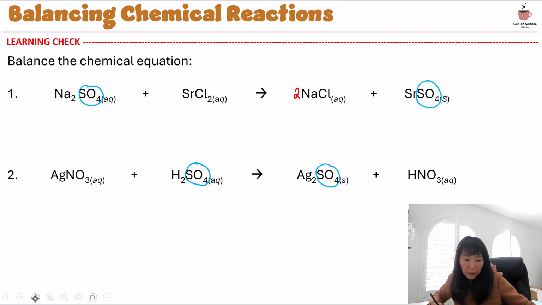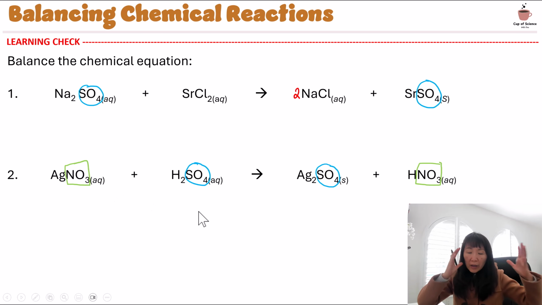Well, I'm going to box it, and nitrate is over here in green, and then I have another nitrate over here in green. Okay. So if you were to just look at the polyatomic ions, it looks pretty balanced. One of the circles, one of the circles, one of the green on the left, one of the green on the right. However, you can see the difference in the silver and the hydrogen, right?